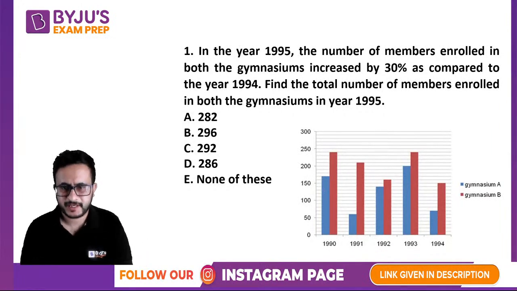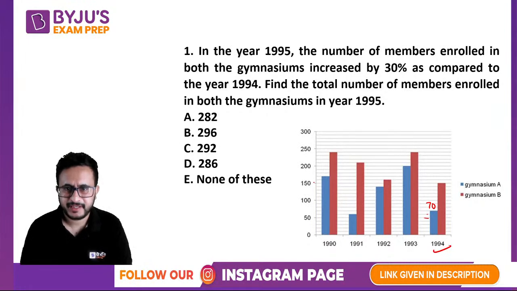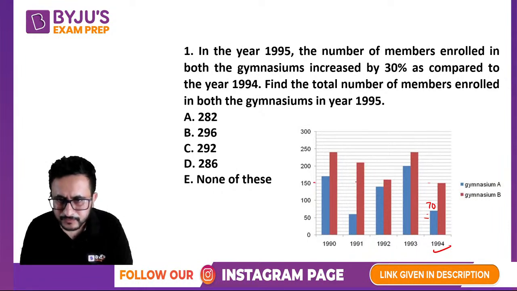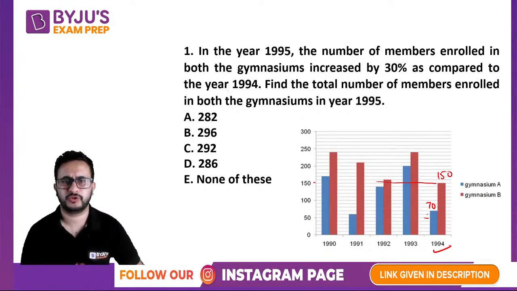So if we see this graph in 1994, this one is 50 till here, 60, 70, and this value is 150. Okay, it is saying that both of them increased by 30%, right?